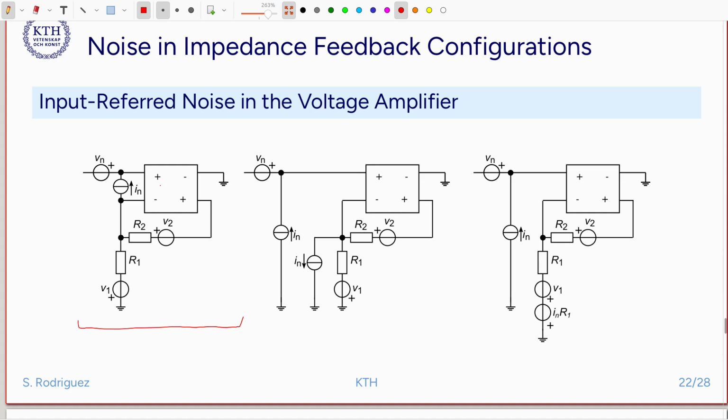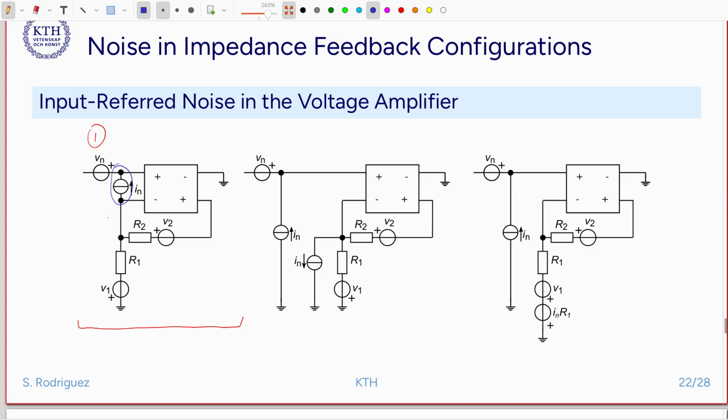And then for our amplifier itself, we will have the input noise current and input noise voltage. So we start from this point, and then what we do is start working with this current source.